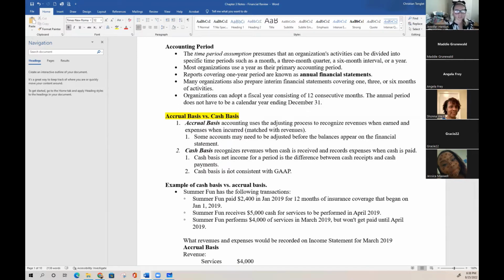Well, if you're just yourself and you have this little business, you may only put in when you get paid as your income. So that whenever you collect the cash, that's considered a revenue. Whenever you make an expense, so you went out and you bought gas during the year, well, everything that you spent on gas becomes your expense.